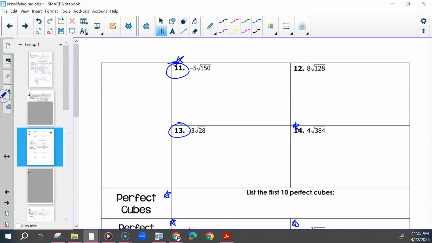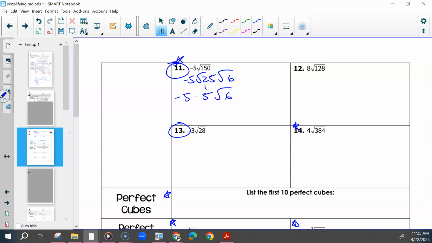Oh, wait, can't 50 be one? 50 is 25 times 6. Oh yeah, I forgot about that. It is 25 times 6. The square root of 25 is 5.